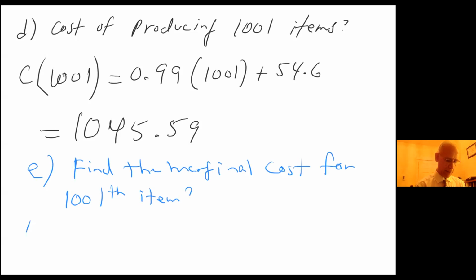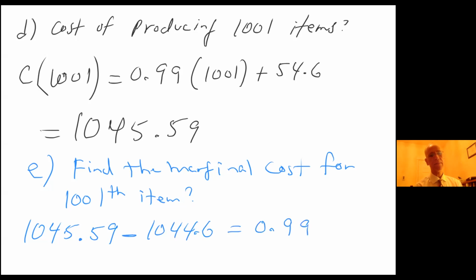So the cost of 1,001 items was $1,045.59. Subtract the cost of producing 1,000, 1044.6, and that gives me 0.99. Okay, and we're not surprised because this is linear. So additional cost for any item is the slope of our function, which was 0.99.